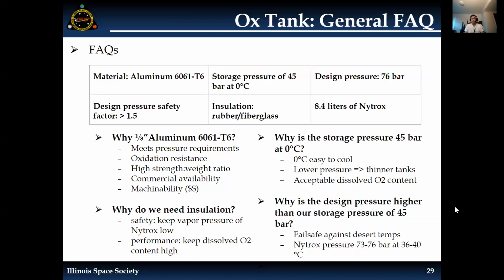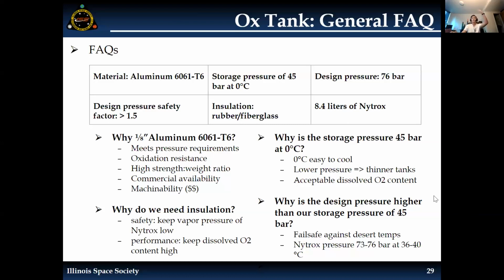How did you decide on the 45 bar number? So, in order to manufacture nitrox, you have to set some sort of upstream pressure. You have your container of liquid nitrous and your container of gaseous oxygen, right? As Raj mentioned before, nitrox is a mixture of nitrous oxide and oxygen.